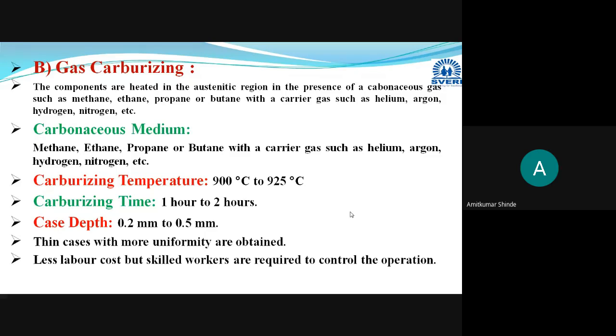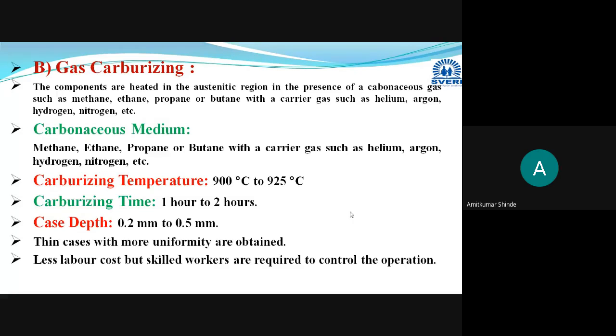Now the components are heated in the austenitic region in the presence of carbonaceous gas. For example, you can use methane, ethane, propane, butane, along with inert gases. To control the flow, we are using inert gases.